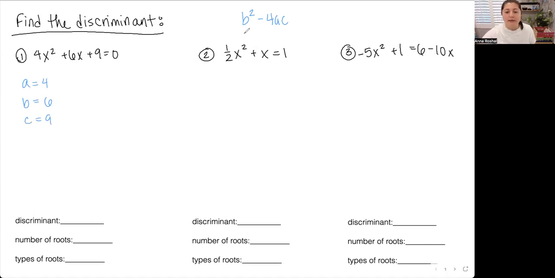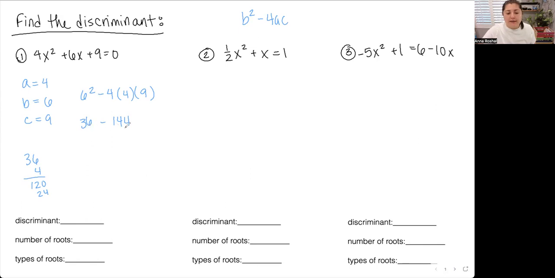Then I'm going to replace all of these pieces of information with these three. So I'm going to have 6 squared minus 4 times 4 times 9. So 4 times 9 is 36. 36 times 4 is 144, and 36 minus 144.